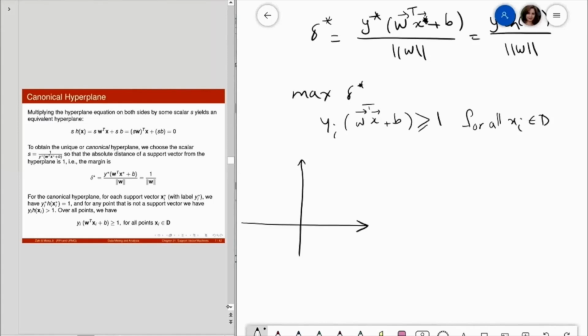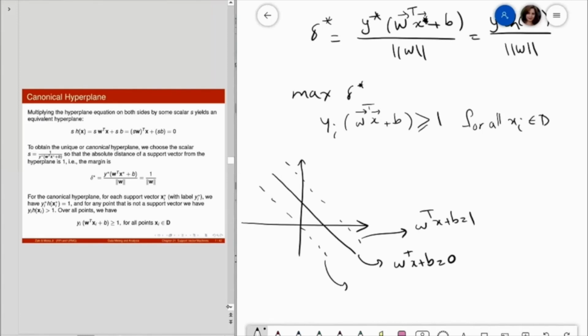So basically, what we are going to have is like this. If I have this separating line, then I'm having these margins. And if this is W transpose X plus B is equal to 0, if I set this one, W transpose X plus B is equal to 1, and this one as W transpose X plus B is equal to -1, then the support vectors that are on the margins are going to have yi (W transpose xi plus b) equal to 1, right?